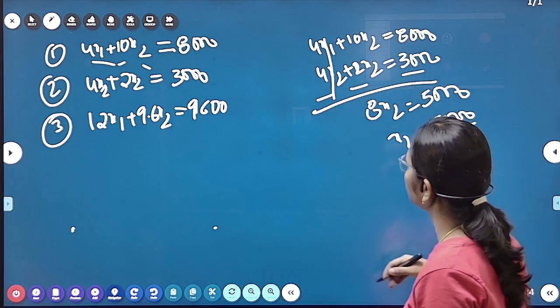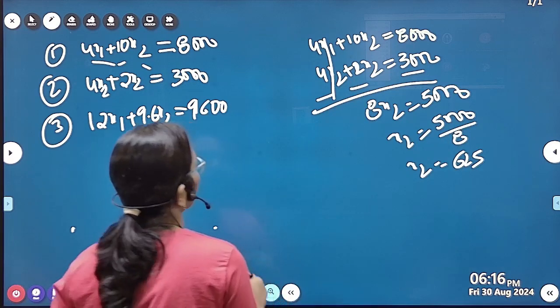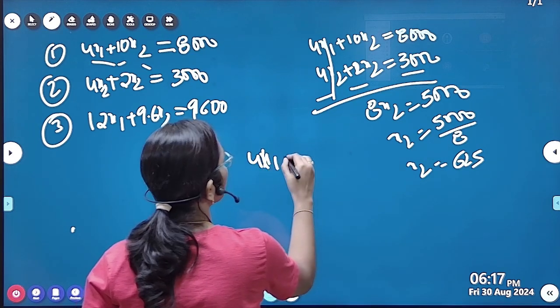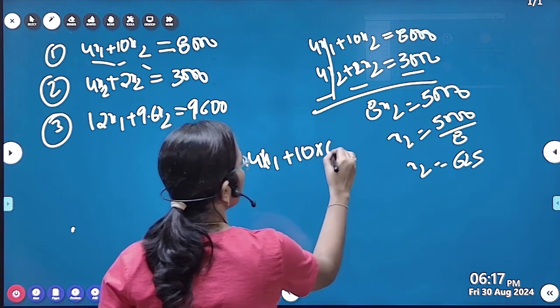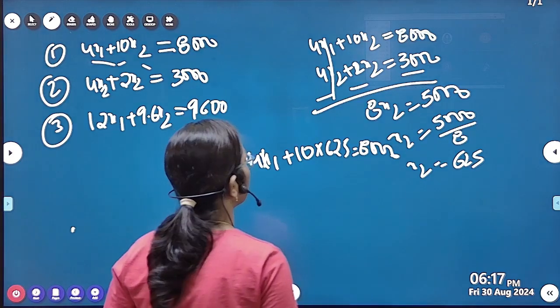625. Next, put this x2 in the first equation. 4x1 plus 10 into 625, it is equal to 8000. How much?